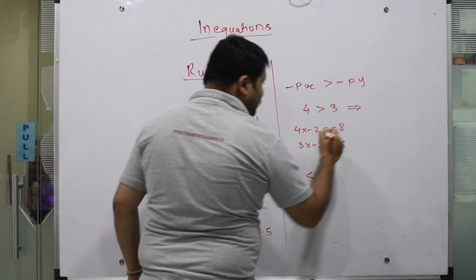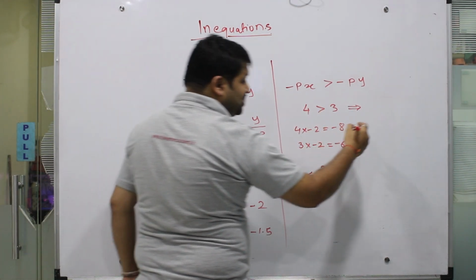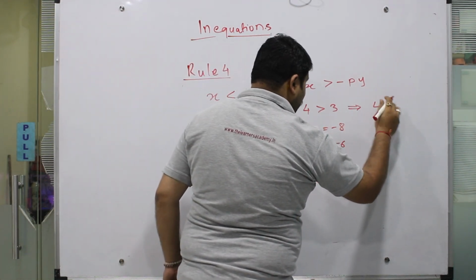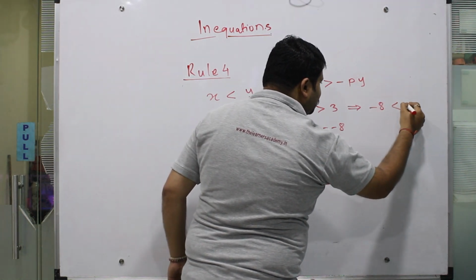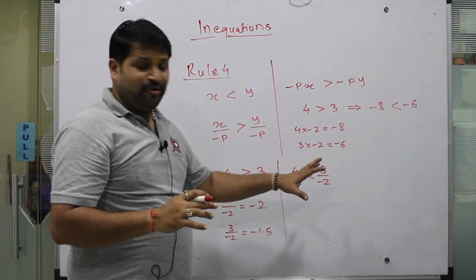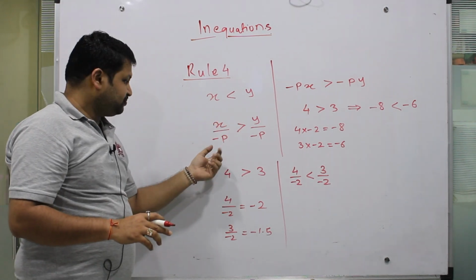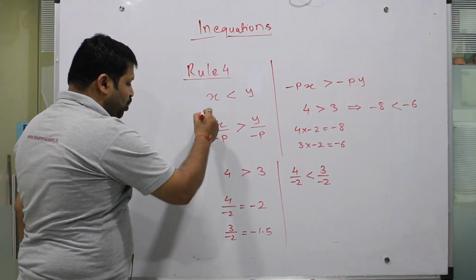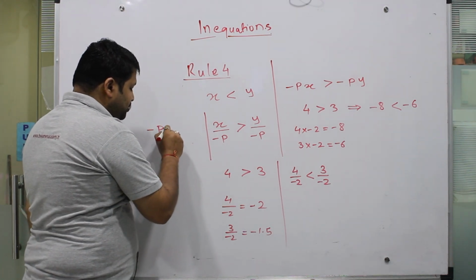So it would imply that if I multiply it by minus 2, I can get the answer as minus 8 is smaller than minus 6. Okay, proving my point that the sign would become ulta or opposite if multiplied or divided by a negative number.